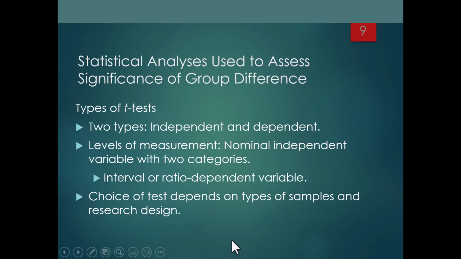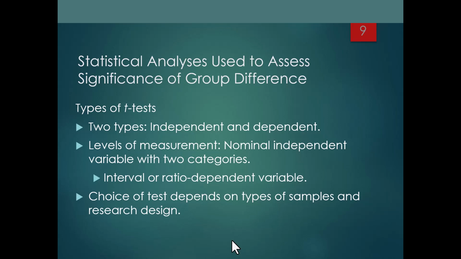All right, the next test is the t-test. Okay, there are 2 types, your independent and your dependent t-test. Both types are appropriate when your independent variable is nominal with two categories.